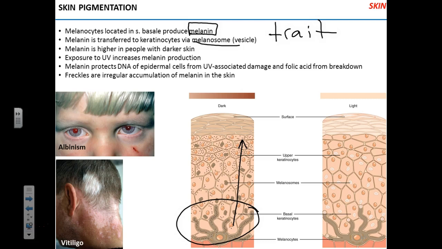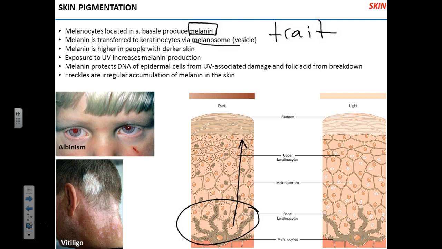So if the expression of the melanin gene in your skin goes one way, but in your eyes another way, then you're going to have dark skin and blue eyes. Can it happen? Sure. Is that frequent? No. It's extremely rare. Does that make sense? Did I explain it? Awesome.